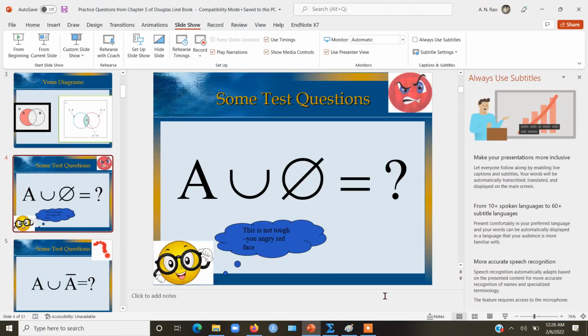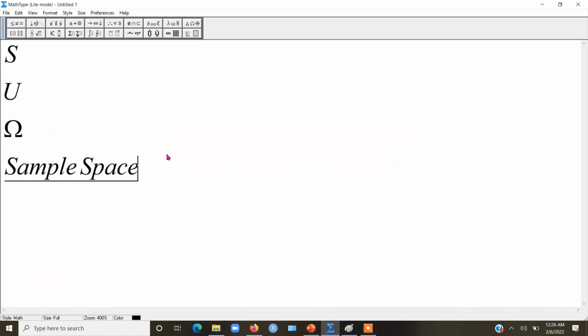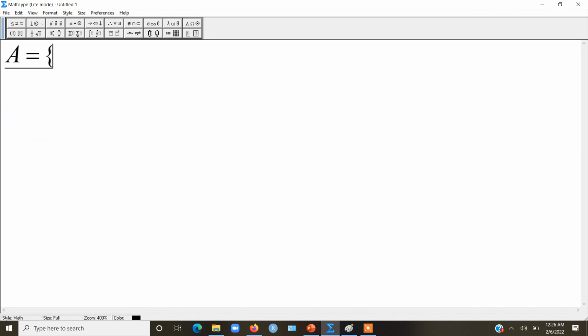So if, for example, we have a set A, and let's say these are the entries in set A, whereas the other set is an empty set. Let me write it like this: there is no entry in this set, so you can see that B is an empty set.